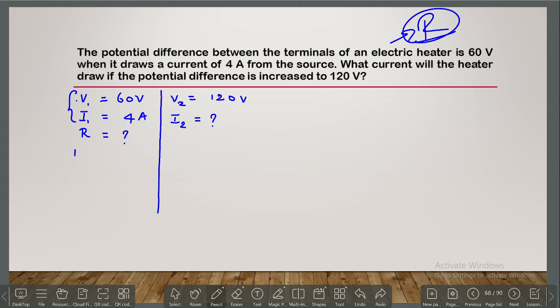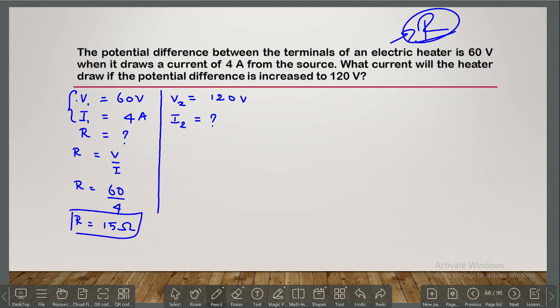First, by using these two data, let's calculate the resistance. So what is the formula? R is equal to V by I. What is the value of V? 60. What is the value of I? 4. So R is equal to 60 by 4, which is going to be 15 ohm.